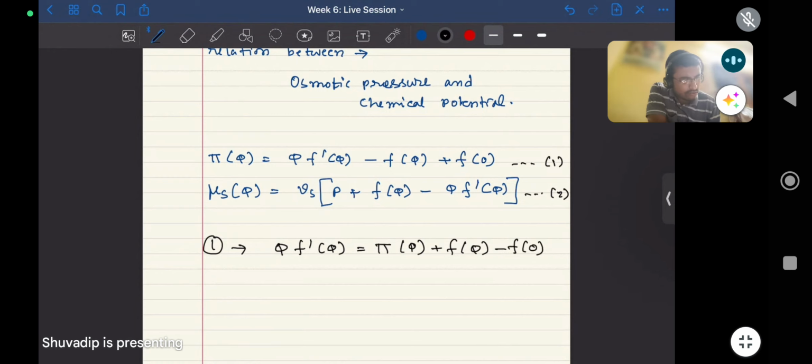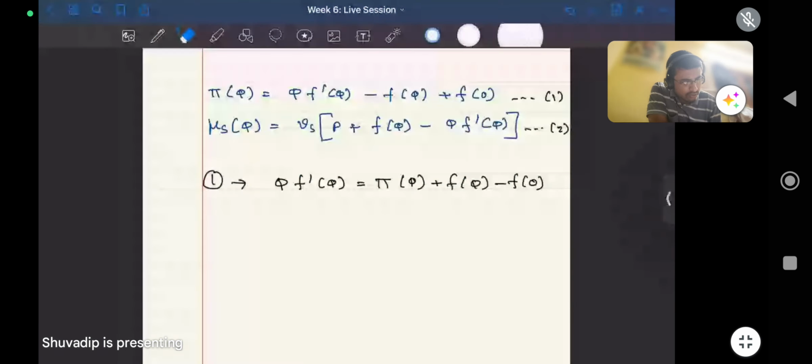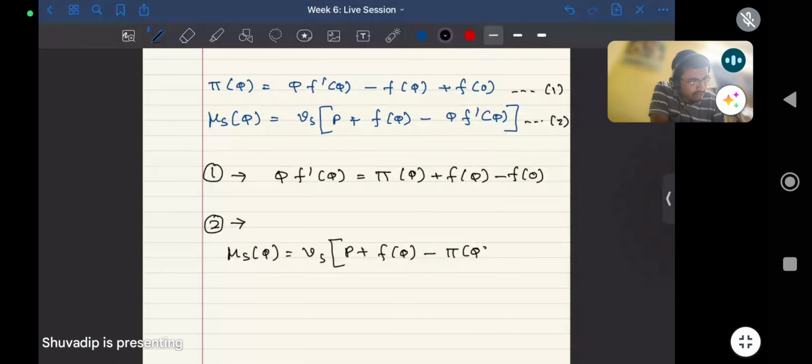Now in 2, we put mu s of phi is equal to v of s p plus f of phi minus phi f prime phi, replacing phi f prime phi from equation number 1, minus pi of phi minus f of phi plus f of 0.